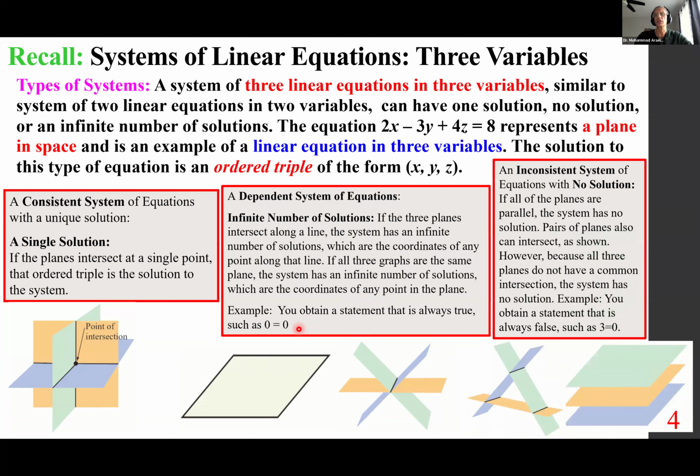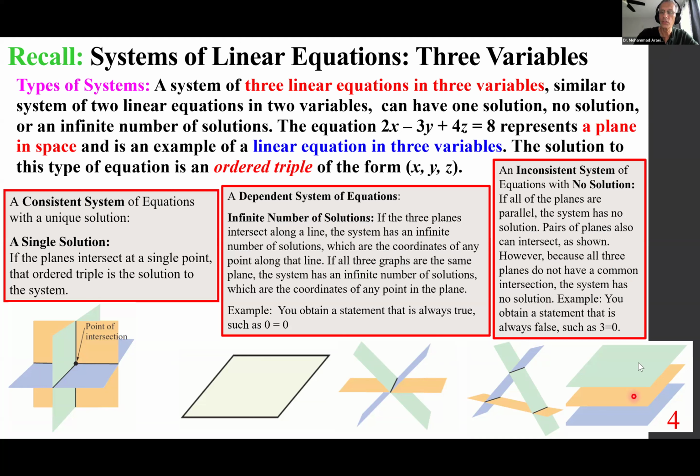Finally, an inconsistent system. An inconsistent system of equations has no solution. If all of the planes are parallel, the system has no solution. Pairs of planes also can intersect as shown. However, because all 3 planes do not have a common intersection, the system has no solution. Example, you obtain a statement that is always false, such as 3 equals 0.